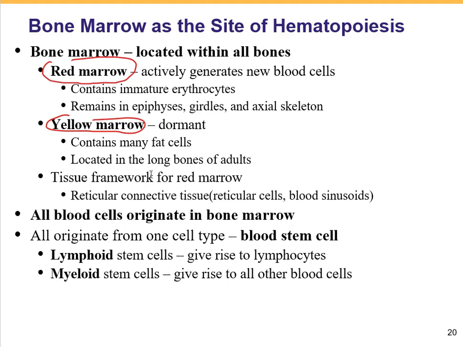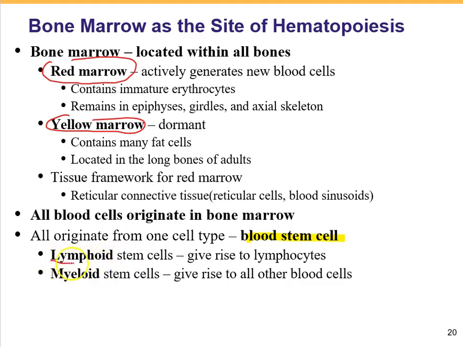It's important to note that all blood cells, including red blood cells, white blood cells, and platelets, originate from a single type of cell called a blood stem cell. This stem cell can differentiate into different types of blood cells or stem cells.